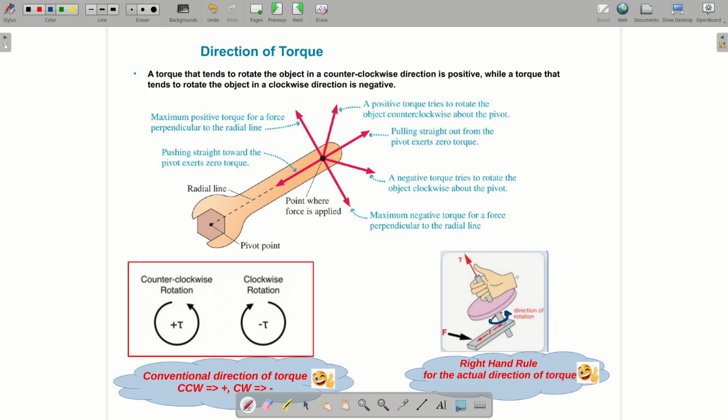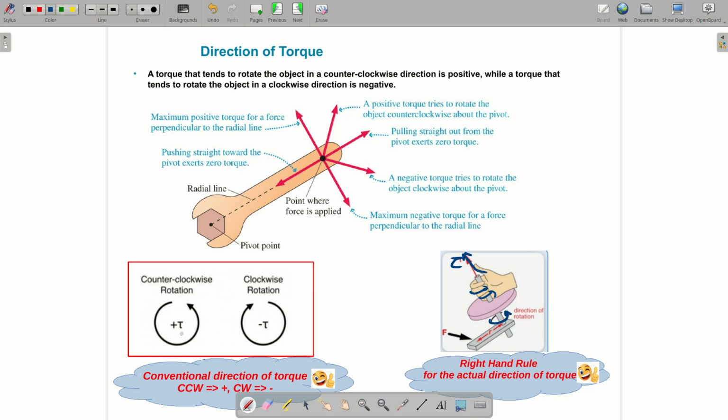And then we grab the object that is rotating and roll our fingers along the direction of rotation. And our thumb will be showing the direction of tau, torque. This is physical direction, but we will not really worry about that too much. We will only look at if an object is rotating clockwise or counterclockwise. And that's pretty much easy to see with logic.